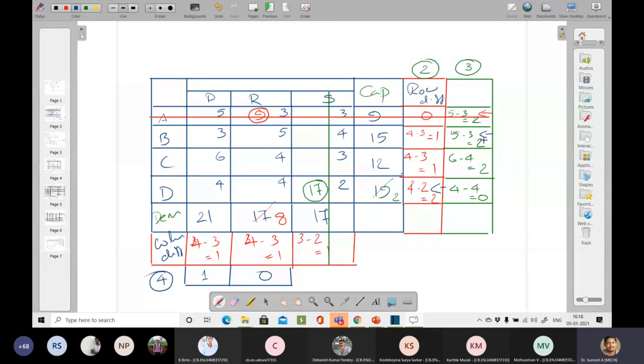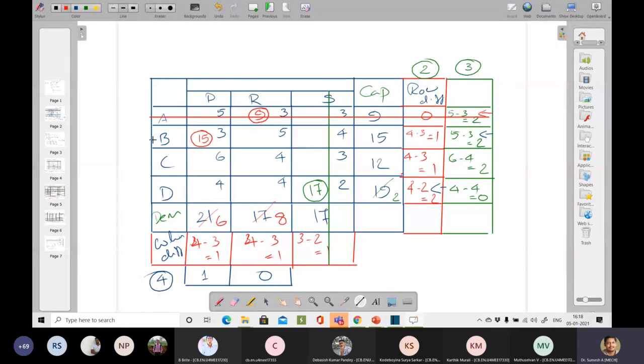So we'll take the next row. Lowest cost is 3, so BP. What is the situation in BP? Demand is 21 and capacity is 15. So I can give the allocation of 15. I'll give the allocation here as 15. So 21 is gone and only 6 will be left out.